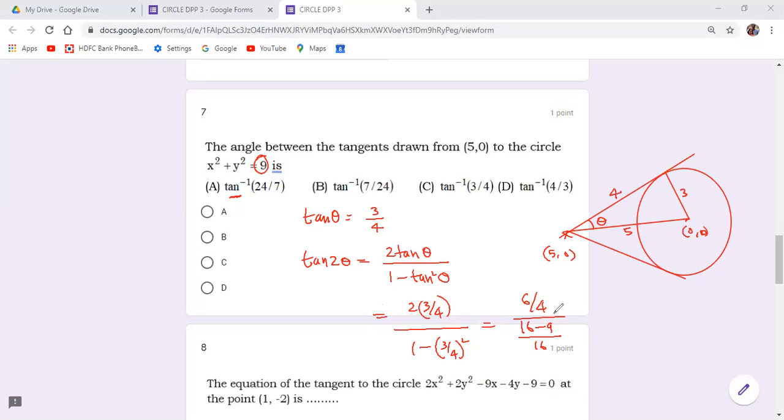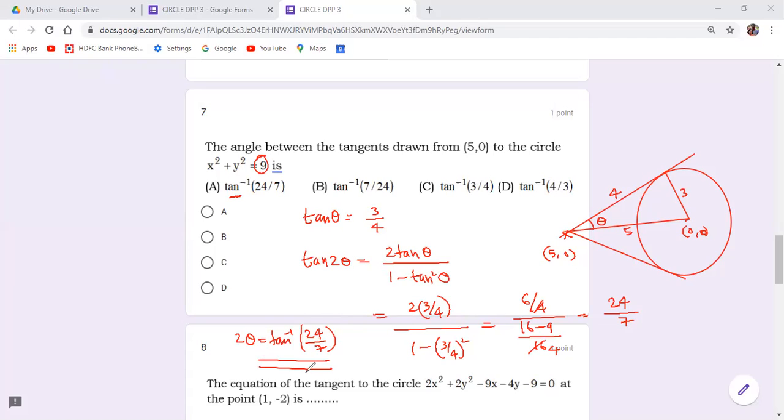So I can cancel now. This 4 will go to the numerator, 24/7. So 2 theta is tan inverse of 24/7. So that is the angle between the tangents.